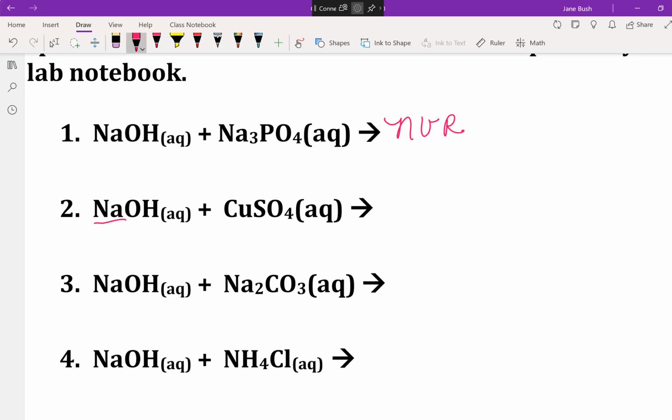All right, the next one, iron will bond with phosphate. And we'll get sodium chloride. We know sodium chloride's soluble, right?